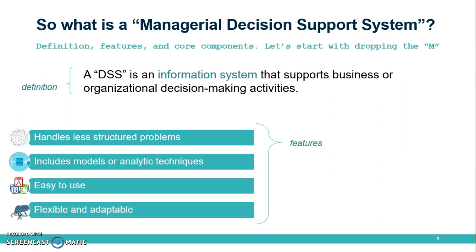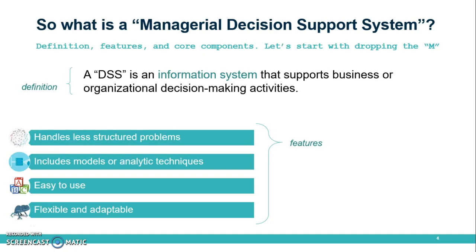There's some core features that are associated with the DSS. While the definition is very broad, there's typical features that are normally addressed through a DSS. And that can be that a DSS would handle less structured problems. So a very structured problem might be something that a very simple report could answer, such as how many customers did not receive an order yesterday or have orders pending.